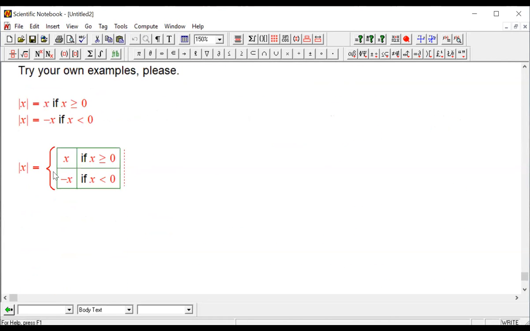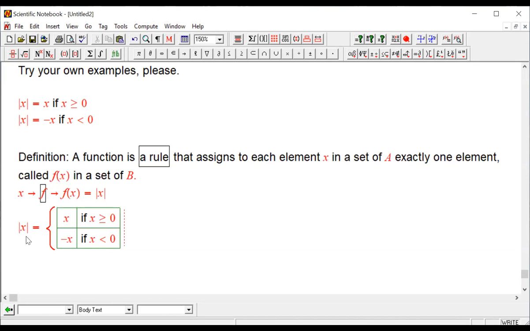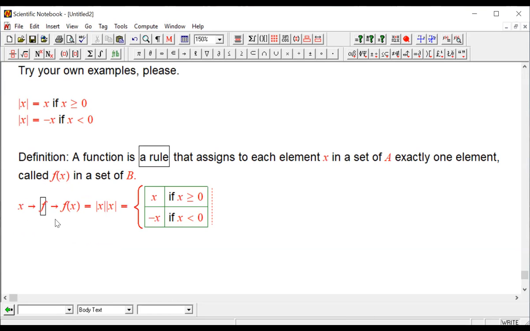This rule of the function can also be written in this way.